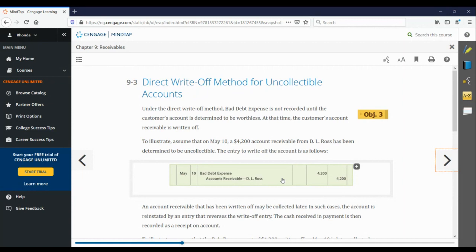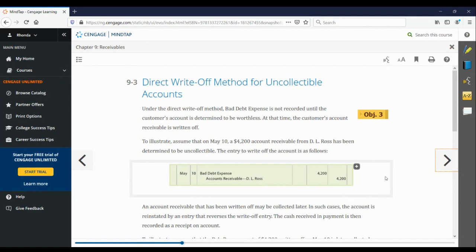But usually it will be because a lawyer has notified our company that the customer is declaring bankruptcy, or it may be, like we said, we've been carrying this accounts receivable on our books for a long period of time and management has just given up on collecting from this customer. This is the entry that we would record for the write-off entry for the direct write-off method.